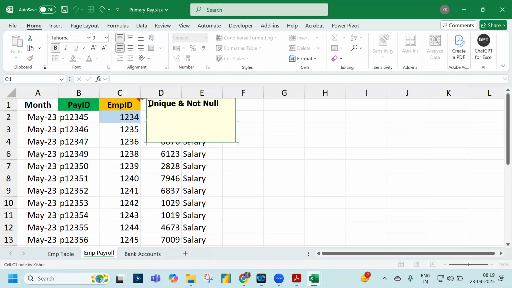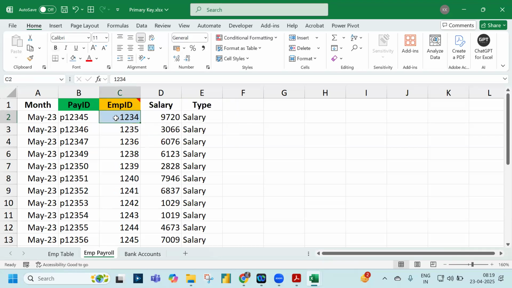No, because a primary key is always unique and not null, as we discussed. So it must be unique and cannot be duplicated with any other number here. Can that be repeated or not? No, right? Perfect. So you're looking at the payroll table and we are looking at May 2023 salary.